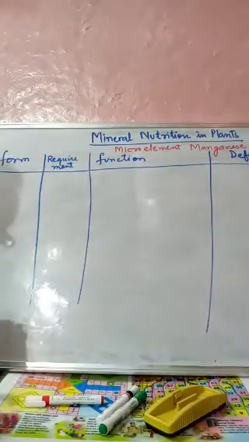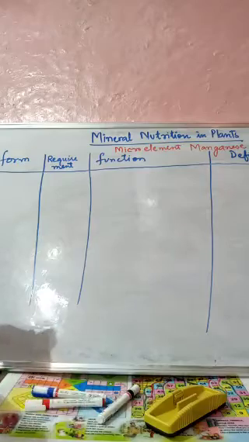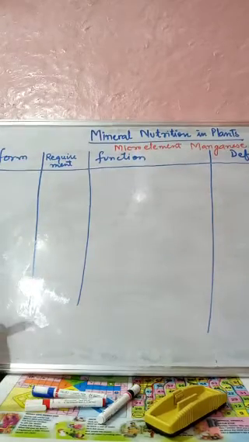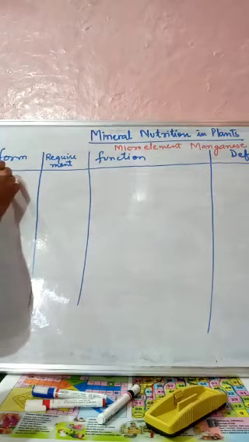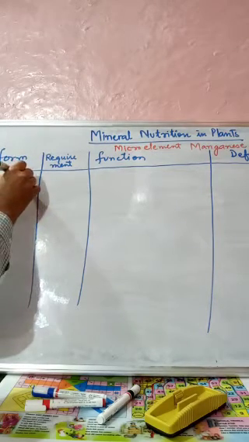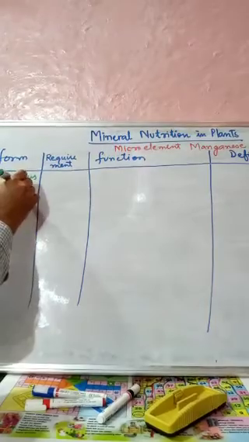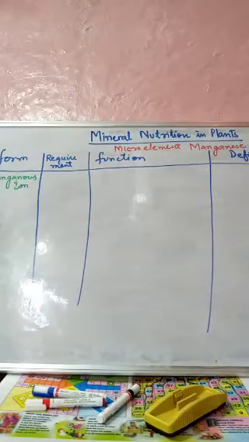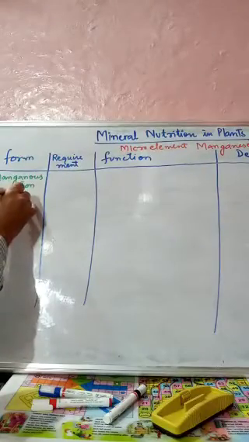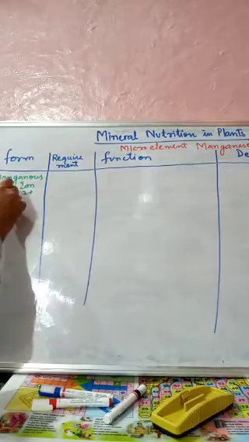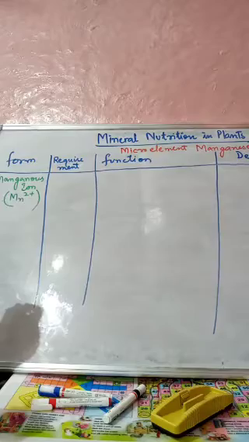Now this manganese is absorbed in the form of an ion called manganous ion, and that manganous ion is bivalent.